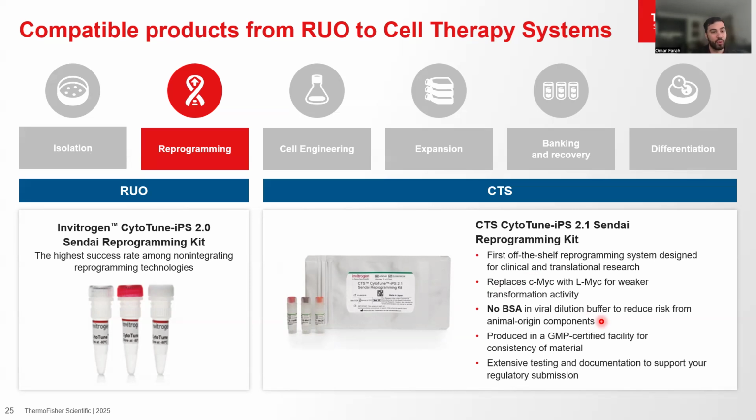If I'm working towards a clinical therapy, for example, taking those stem cells, deriving dopaminergic neurons that I can transplant back to help save Parkinson's patients, right? Or reduce their symptoms. If that is the goal, then I have to consider what reprogramming kit I'm using, right? The RUO kit is fit for research. The CTS kit is better suited for clinical applications.